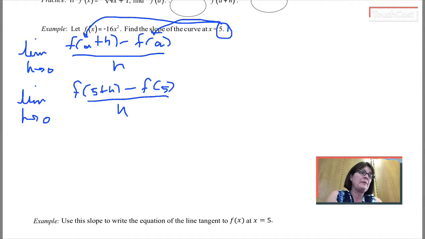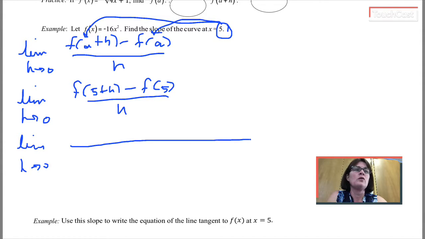Now I have to figure out what it means to use 5 plus h in the f function. Well, the f function says to take x and square it, and then multiply the result by negative 16. So I'm going to take 5 plus h and square it and multiply the result by negative 16.